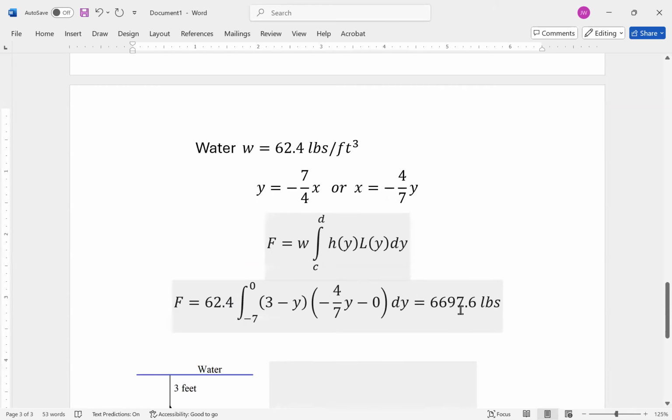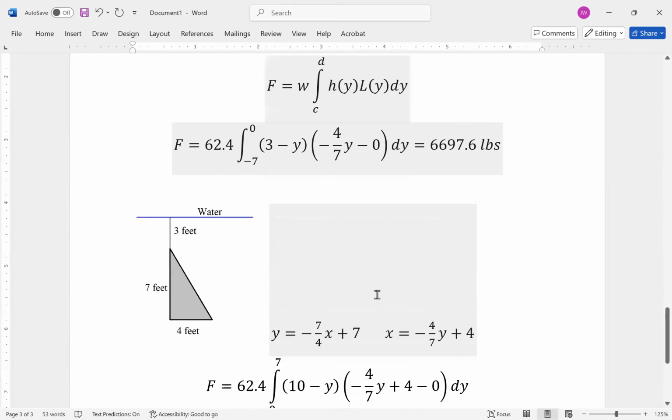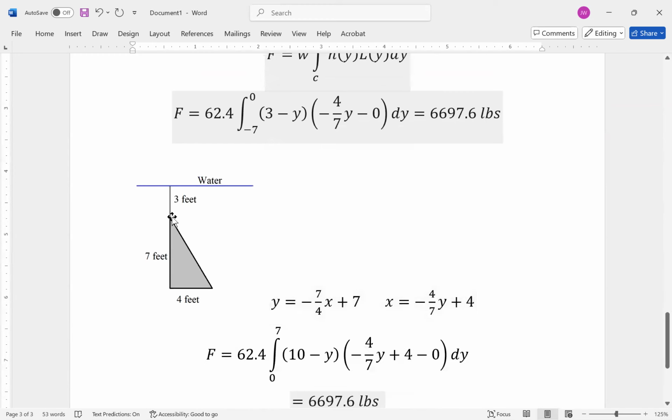So regardless if you orient your Cartesian coordinate plane at the top point of the triangle or the lower left corner of the triangle, or you could have oriented it on this right corner, or you could have oriented it where the origin is somewhere out in space here.